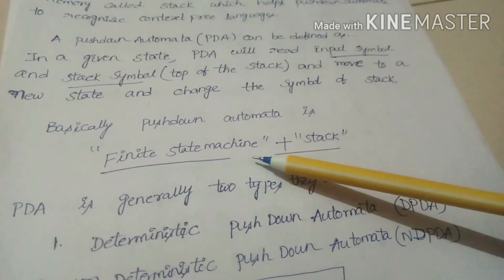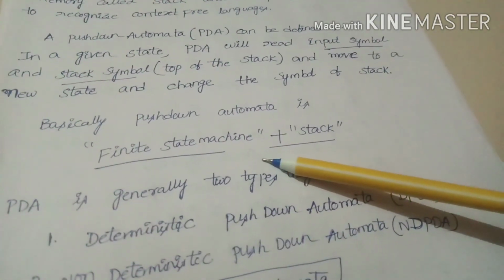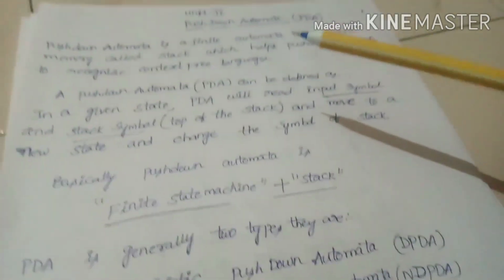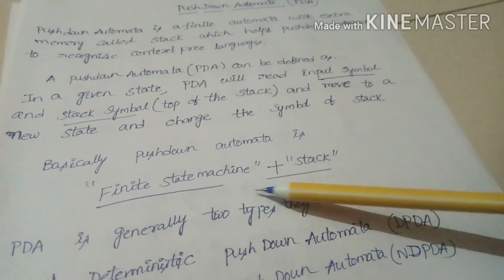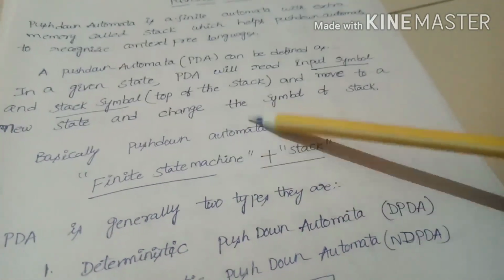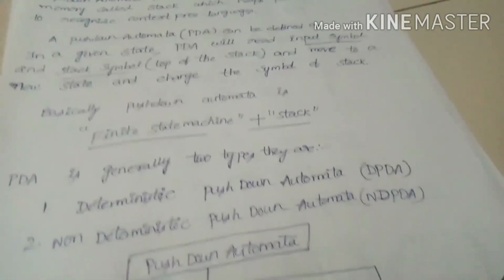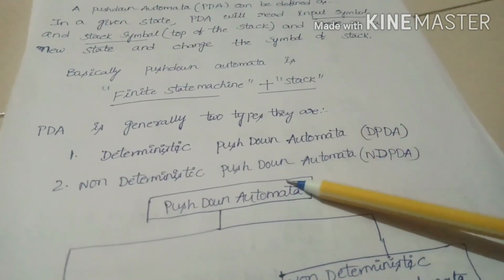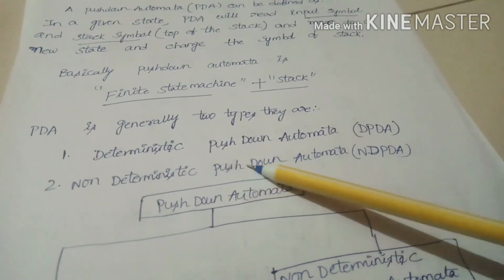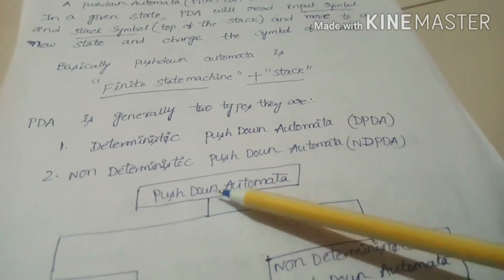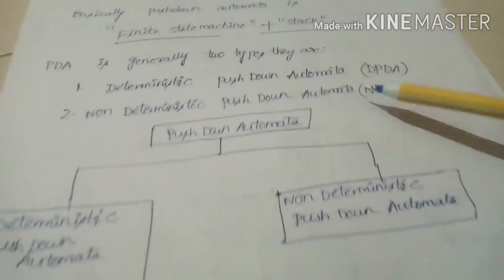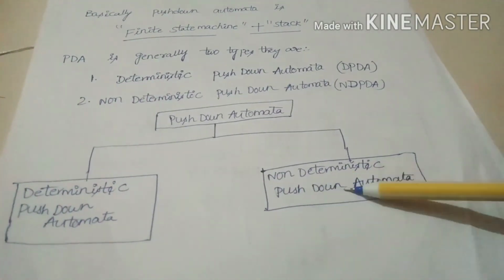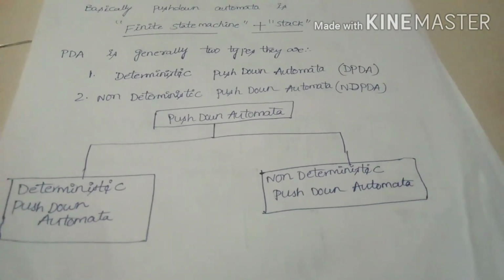In a finite state machine we don't use a stack; the additional memory in the PDA is the stack. There are two types: deterministic pushdown automata and non-deterministic pushdown automata.